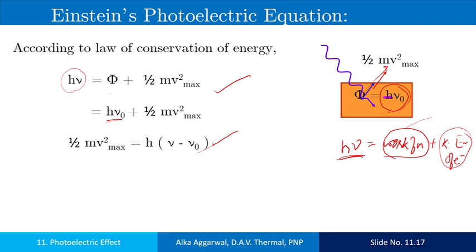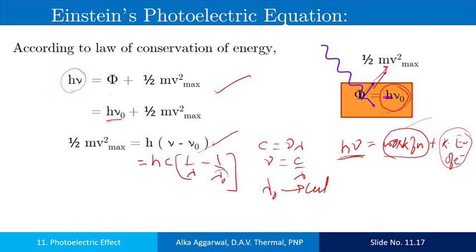The same relation can be written in the form of wavelength. As you know the relation, c is equal to nu lambda. So nu is equal to c upon lambda. So this relation can be written as 1 upon lambda minus 1 upon lambda naught, where lambda naught is called cutoff wavelength.